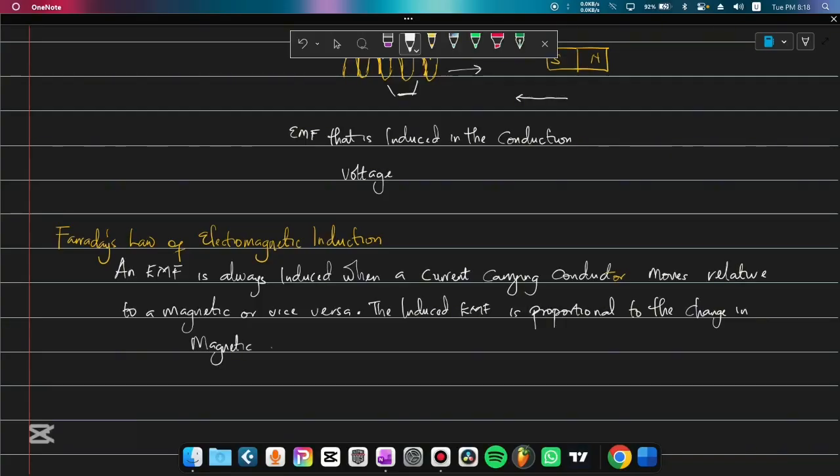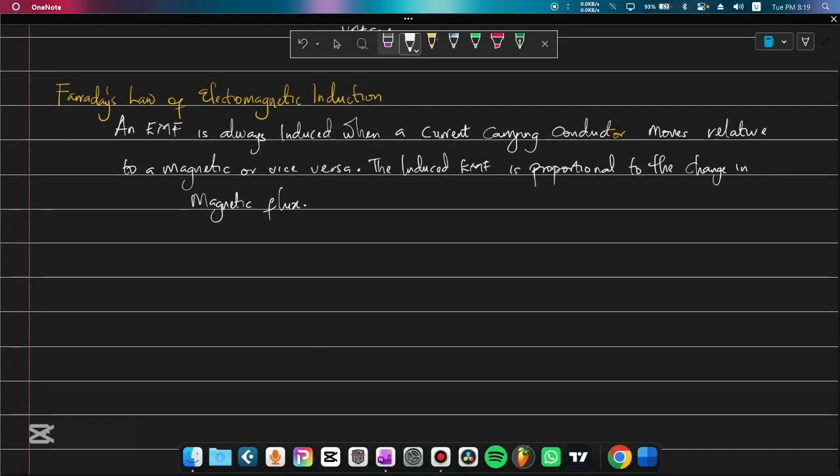I know you are beginning to see new words that you've not seen before, like magnetic flux. What is magnetic flux? Don't worry, I'll explain everything in fine detail, so you're going to understand everything. Simply put, he said that when we have this EMF induced, this EMF is directly proportional to the change in magnetic flux.